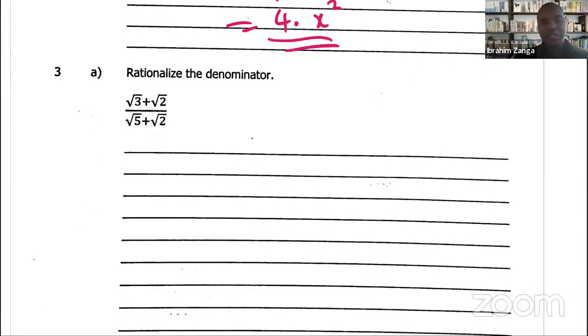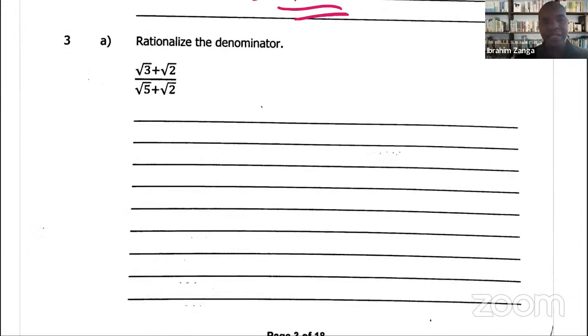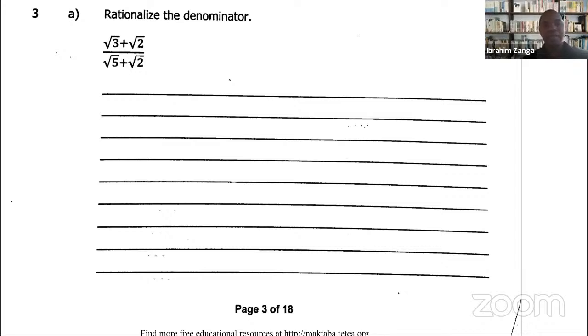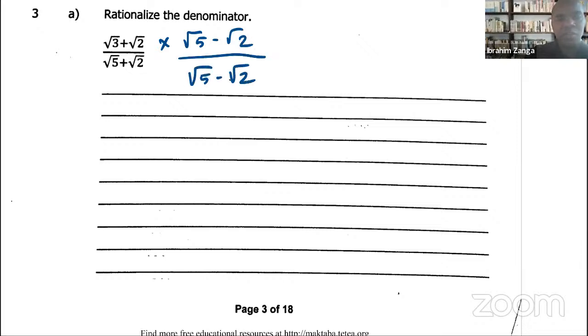The next one, we are supposed to rationalize the denominator. So this one we are going to multiply by square root of 5 minus square root of 2 over square root of 5 minus square root of 2.